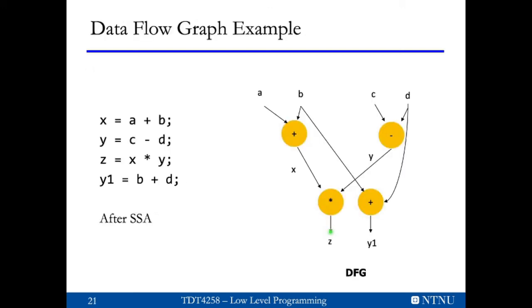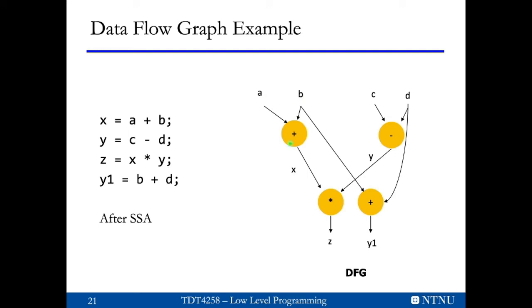So now we can transform this piece of code in static single assignment form to a so-called data flow graph. So a data flow graph consists of operations, so like here arithmetic operations, and these arithmetic operations take integer or variables as input and output some other variables.